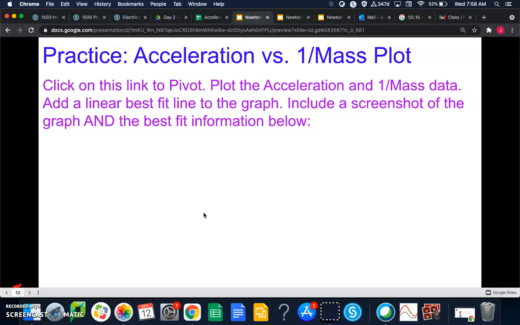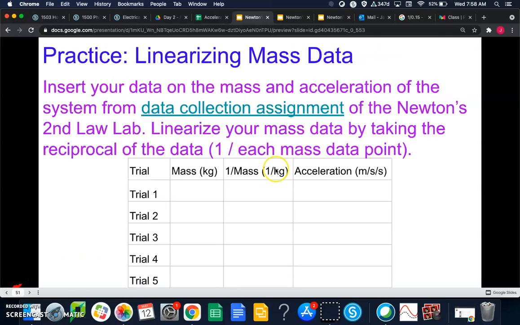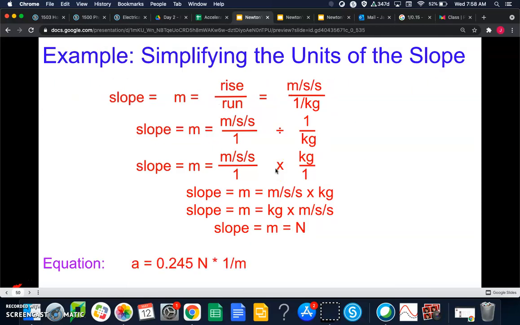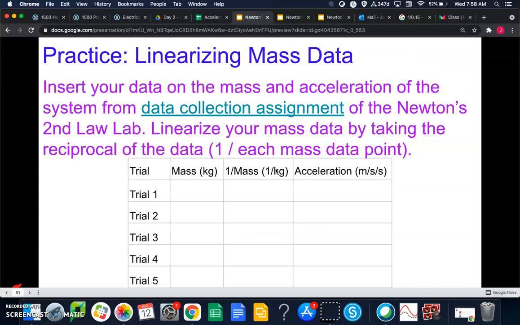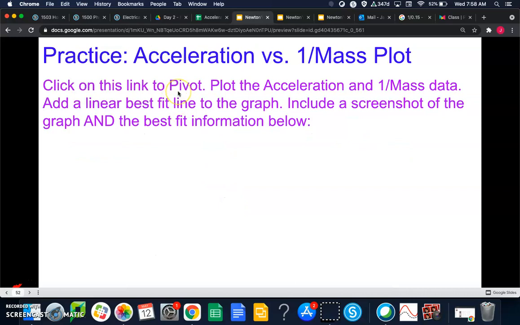Then you're going to put the 1 over mass data and the acceleration data into Pivot and make it into a graph. You'll put a linear best fit line on that graph, and then you'll include a screenshot of your graph and your best fit information below.